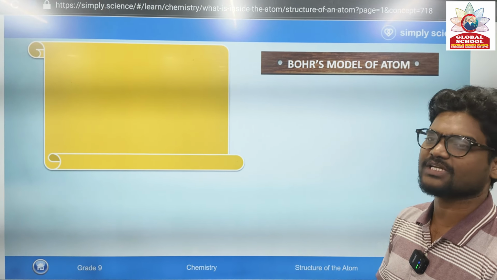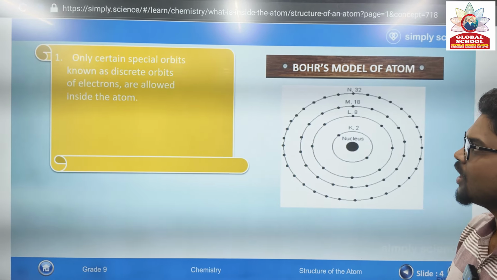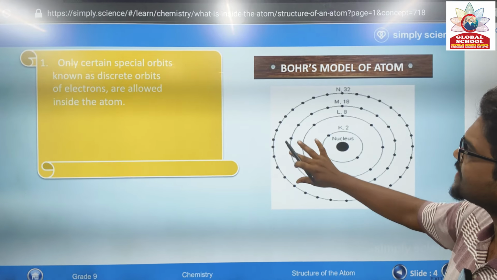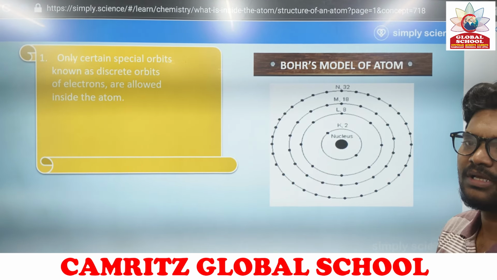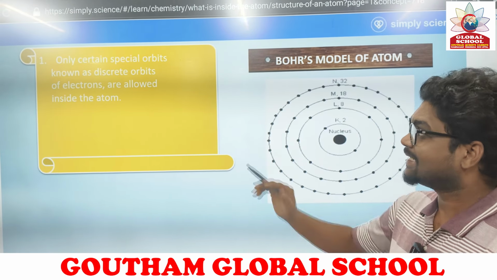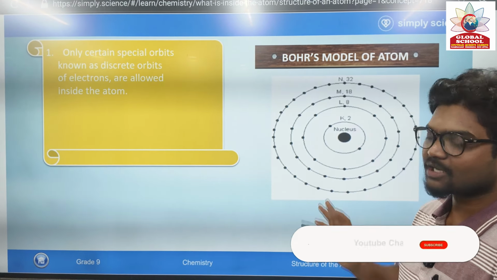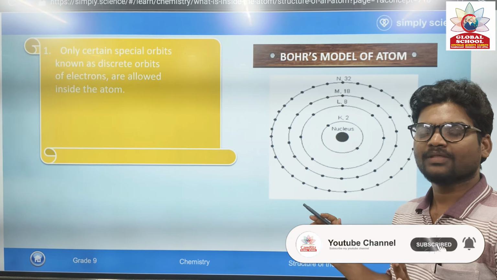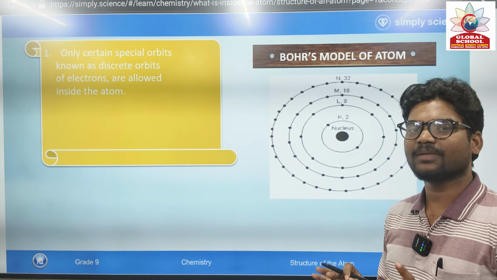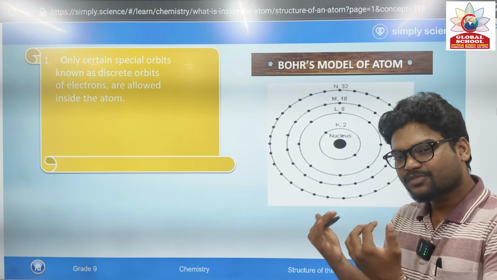So what are the postulates? We will see. The first one: he said that only certain spherical orbits, which he named discrete orbits, are allowed. Discrete orbit means there won't be any radiation, so the electron cannot lose energy and fall into the nucleus.